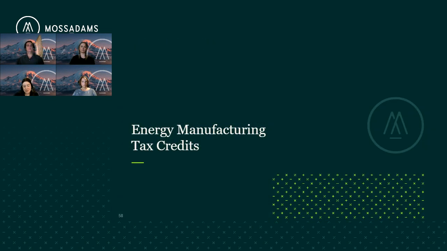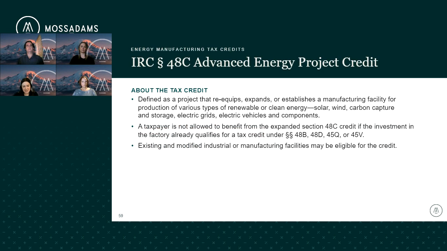Next, energy manufacturing tax credits. So right now, this is where we've seen probably the most opportunities. There's essentially the advanced energy project credit. So this is going to be defined as a project that either re-equips, expands, or establishes a manufacturing facility for production of various types of renewable or clean energy: solar, wind, carbon capture, electric vehicles, and their components.